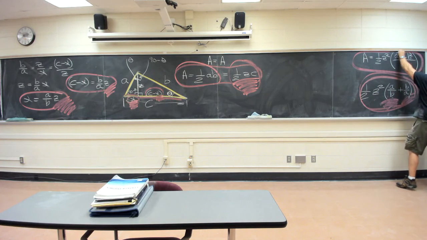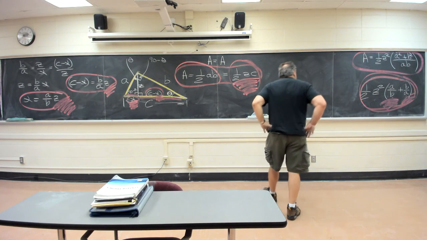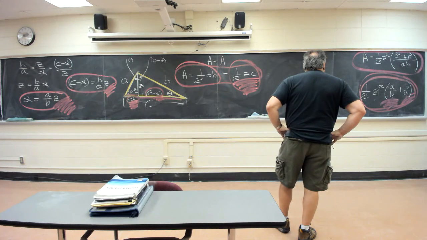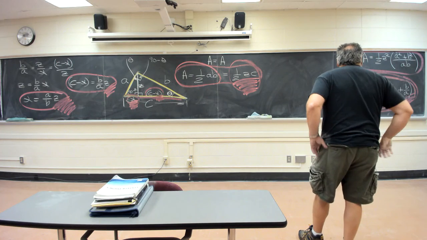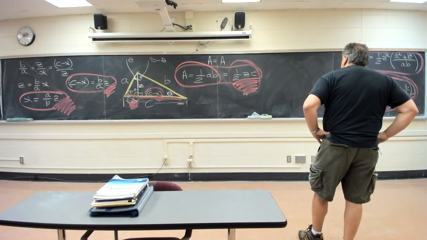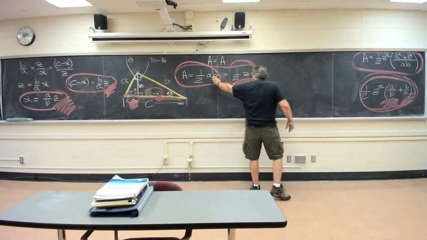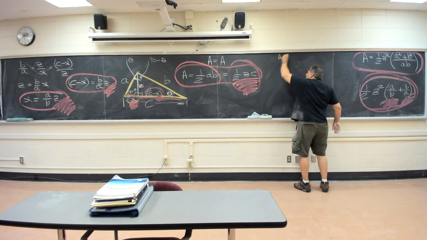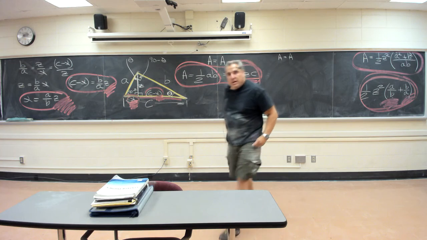This is pretty important because there are a lot of ways to go, and I just want to argue a little bit with myself. Look at this: 1/2 AB equals all that. Forgive me, guys. Let me just check my mic. Yeah, mic's working okay.